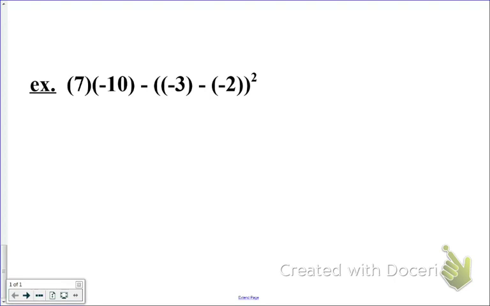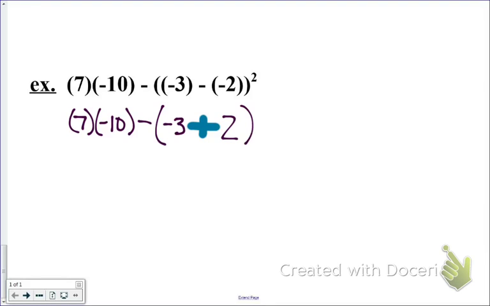Next example. 7 times negative 10 minus the quantity negative 3 minus negative 2 squared. Watch those double signs. Instead of minus negative, it's a double sign or same sign, positive.